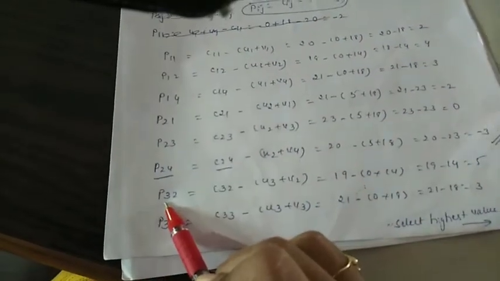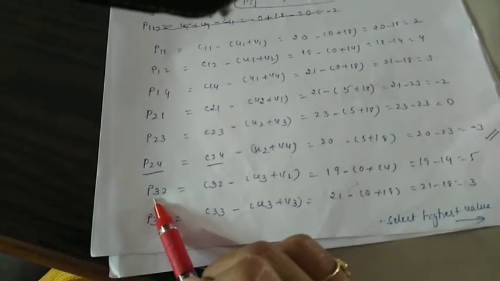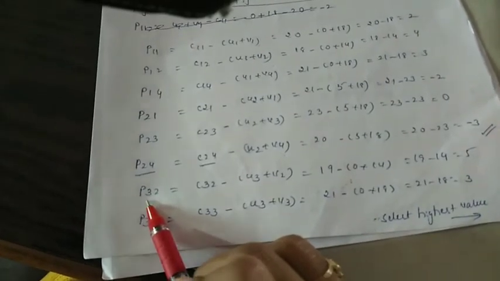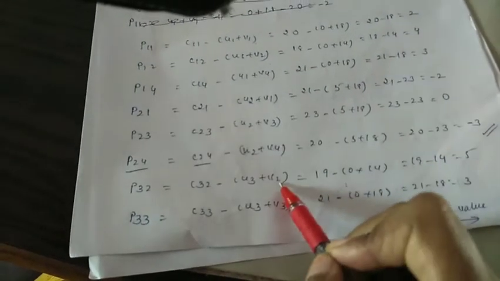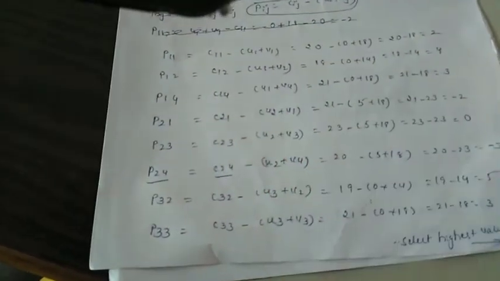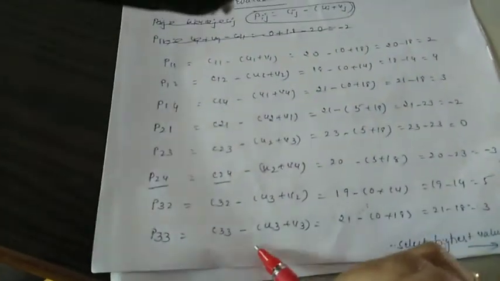And P32 is C32 minus u3 plus v2, got 5. Because these values we have already found, we just put them here. And P33 is C33 minus u3 plus v3. C33 is third row, third column, that is 21. So 21 minus u3 plus v3.